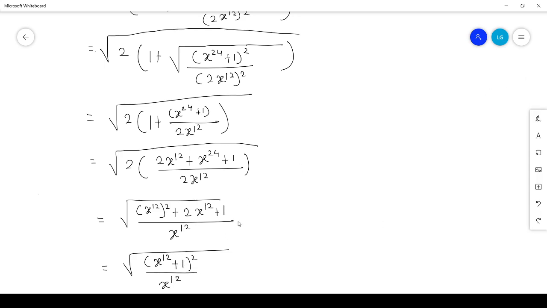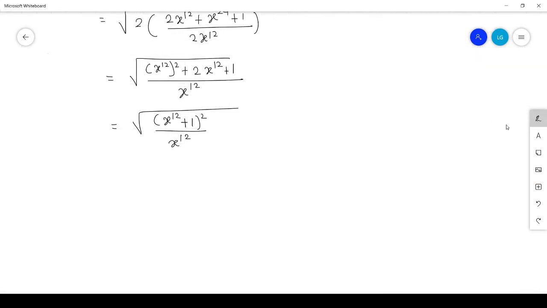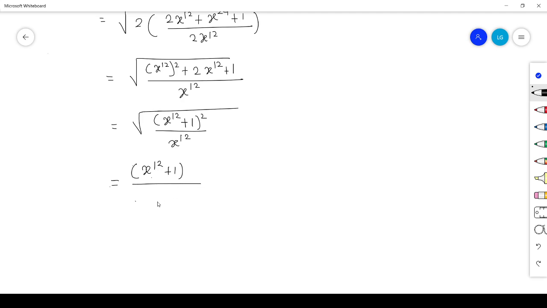Okay, now taking square root of this numerator and denominator, we get x to the power 12 plus 1 divided by x to the power 12, its square root. It means x to the power 12 to the power half, it means x to the power 6. Okay. Hence our correct option will be option C.